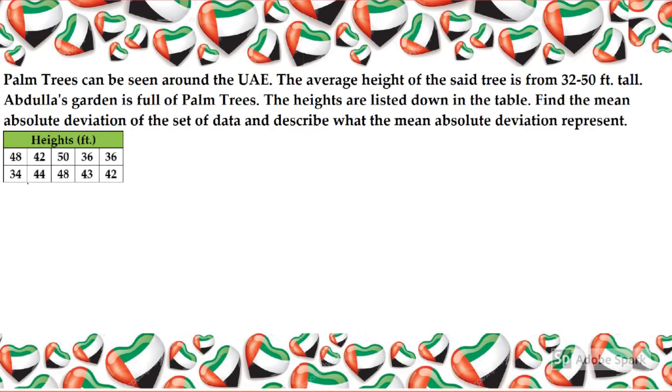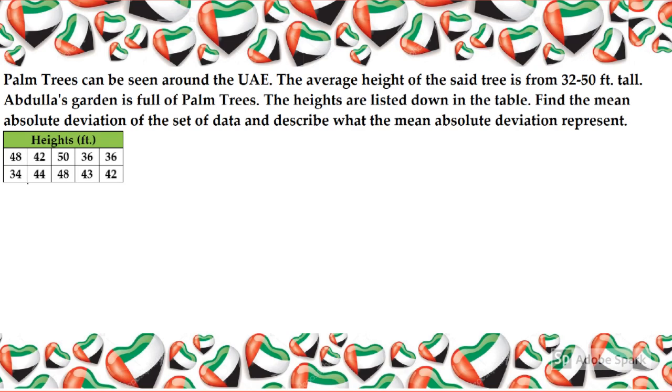What about this problem? Palm trees can be seen around the UAE. The average height of the said tree is about 32 to 50 feet tall. Abdullah's garden is full of palm trees. The heights are listed in the table. Find the mean absolute deviation of the set of data and describe what the mean absolute deviation represents.